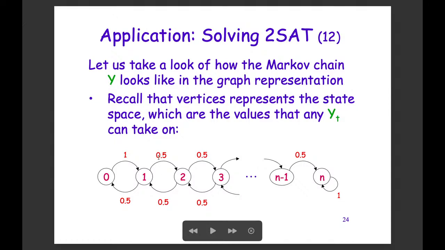It is because the current clause is not okay in our assignment, but it is okay in the optimal assignment. So that means that at least one or two variables are assigned incorrectly. So in that case, we will have at least 0.5 chance to find a variable that makes us better or closer to the optimal assignment.